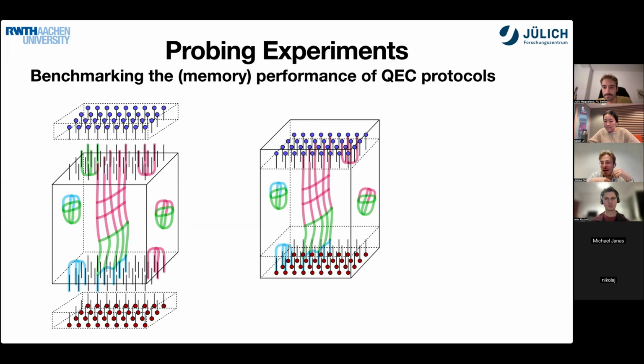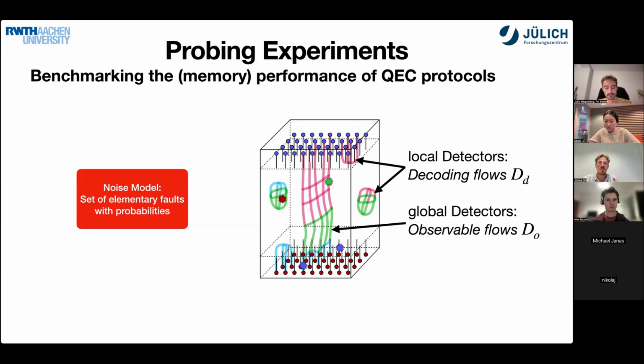Okay, I will first talk about what I mean with fault and space-time distance. So for me the fault distance is, I have my error model where I place faults, and I like to make the distinction between error and fault, where an error is something living on some state and the fault is the actual thing that happens. And in this noise model, I might say, okay, I place these and those faults with some probability p.